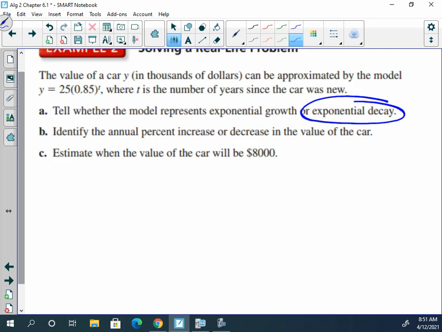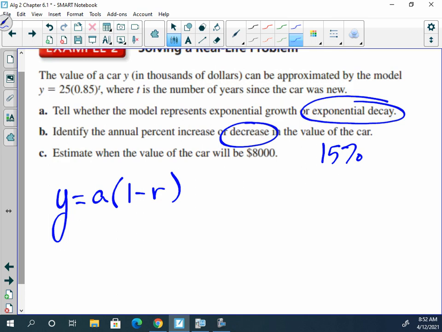Identify the annual percent increase or decrease, because it would be a decrease in the value of a car. Well, it would be 15%, because we're coming from the fact that y is equal to a times 1 minus r to the t.